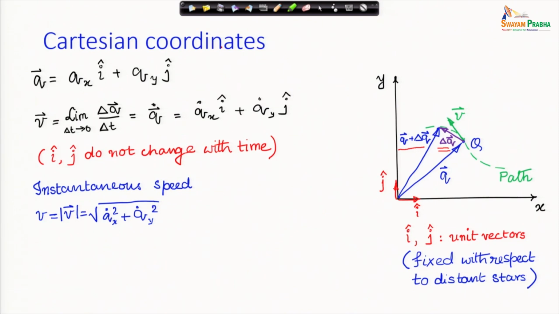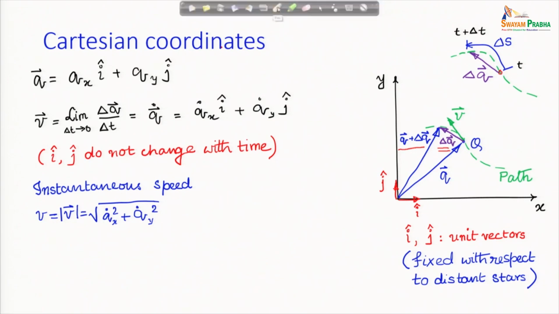So, remember, speed is a magnitude quantity, always positive, and this is the magnitude of the velocity vector, and I have written out for you what the expression is. Next, I consider that this point is moving on this green path. You see this point, that capital Q is moving on this green path.